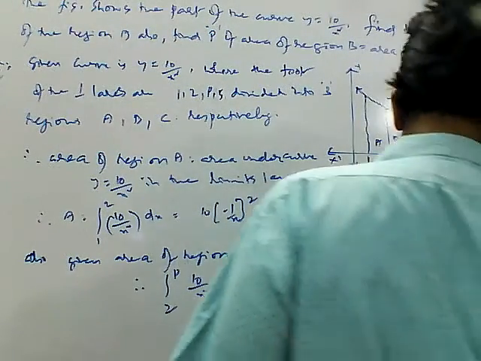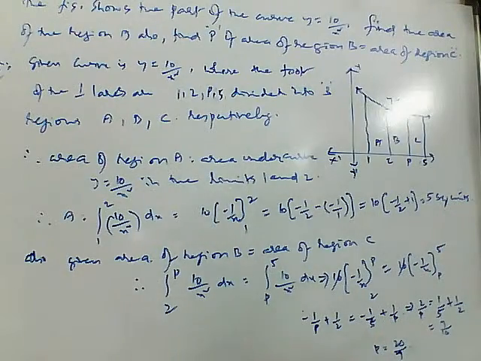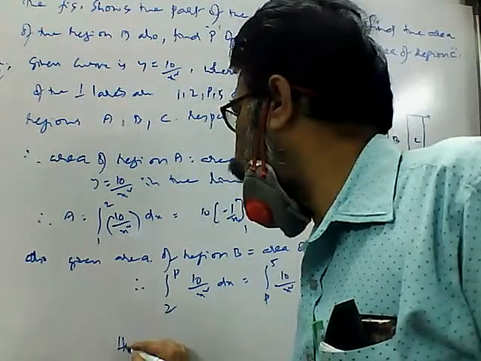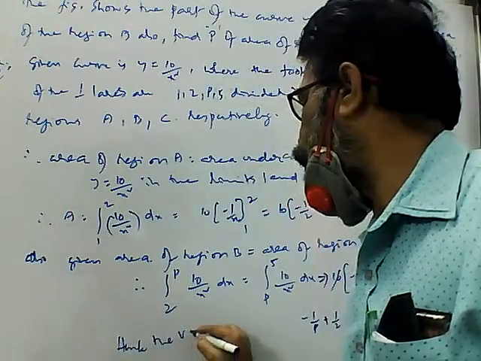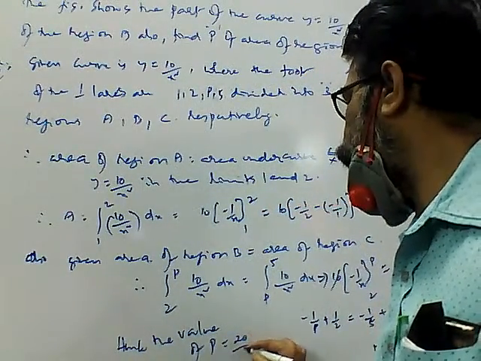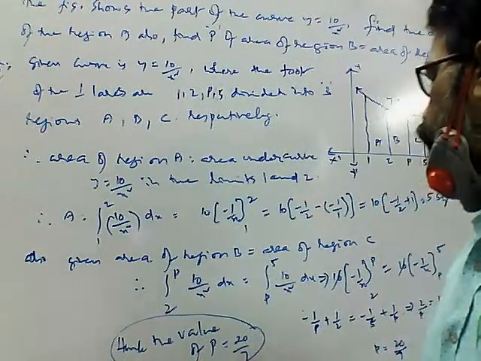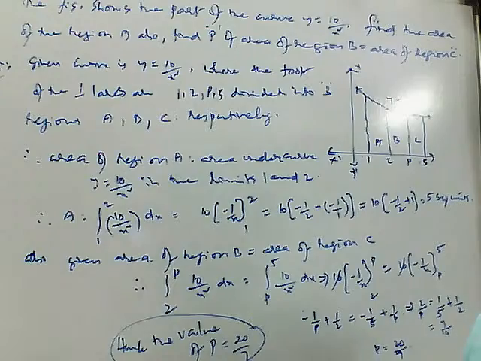Very nice. So that's the way the p value will be found. This is a very analytical type of question, and questions like these can come. Hence the value of p is equal to 20 by 7. Right?